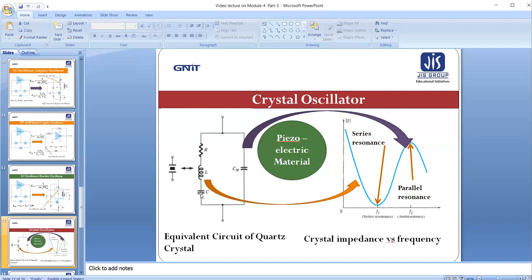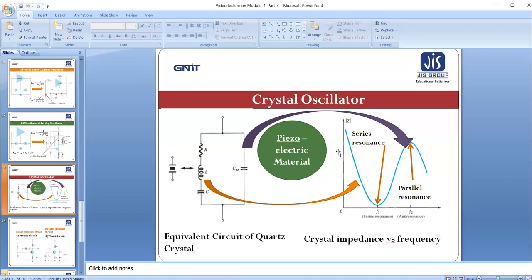But if we are mounting the quartz crystal in the parallel mode, then this parallel resonance will be activated, and in that condition the impedance will be highest or maximum. So the F2 frequency will be the anti-resonance frequency. This is the crystal impedance versus frequency graph. So it is very essential to properly mount this quartz crystal into practical circuits.